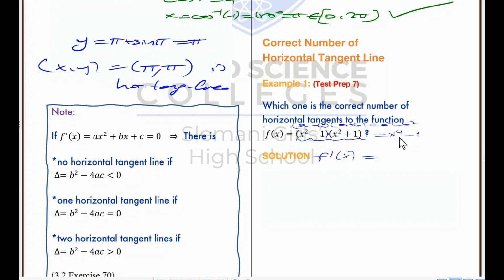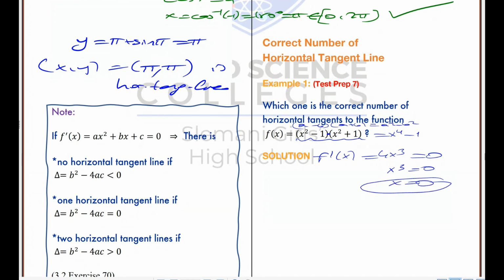It's much easier. Derivative of x to the fourth, 4x cubed, derivative of 1 is 0. So that's my derivative. Derivative being 0 will give us the horizontal tangent line. So 4x cubed is equal to 0, x cubed is 0, dividing both sides by 4. Take the cube root of both sides, x is 0.